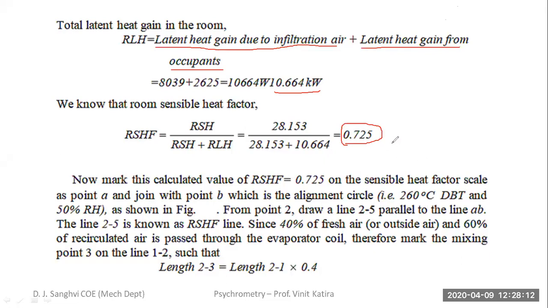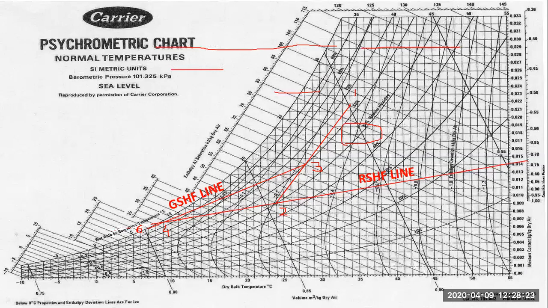Now we have to make the RSHF line on our psychrometric chart. There is a sensible heat factor scale on the right hand side of your psychrometric chart. Over there you will have to locate 0.725 and draw a line from there to the alignment circle.